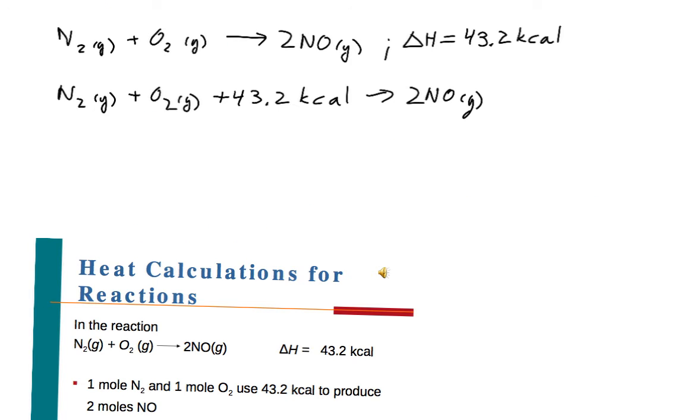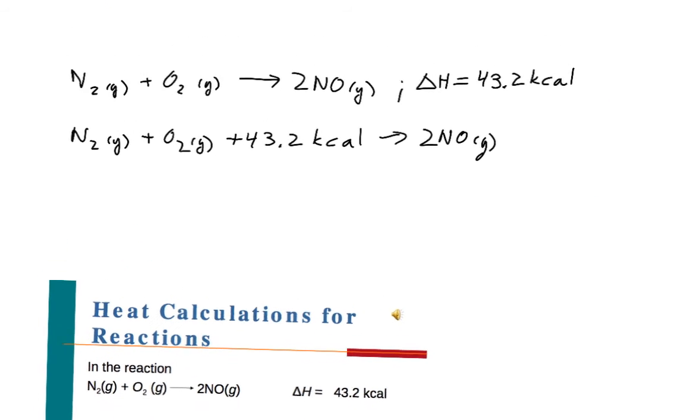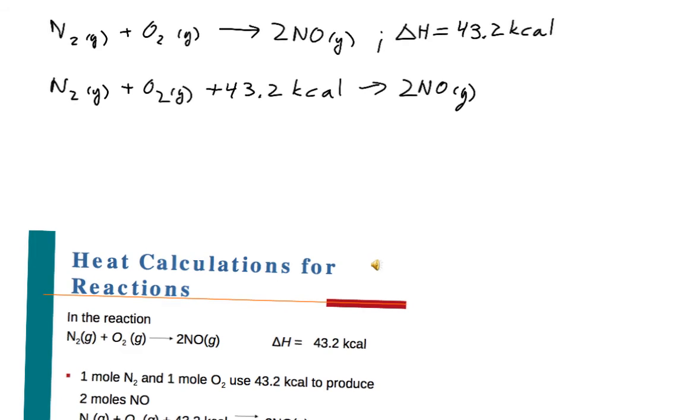All right, let's talk about the math we can do with the heats of reaction. It turns out when we write heats of reaction, the quantity of energy that we're writing is in molar relationship to the chemicals in the compound. Meaning, for this reaction, for every 1 mole of nitrogen I react, I need 43.2 kilocalories.